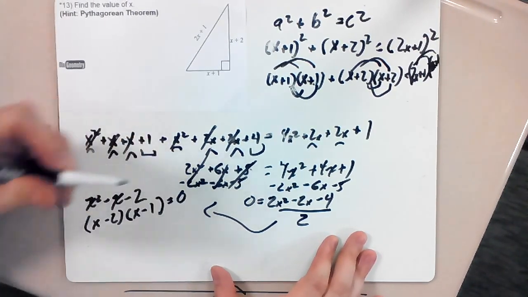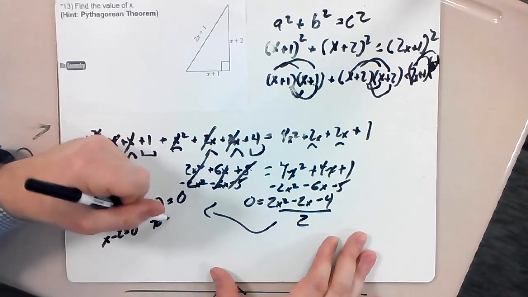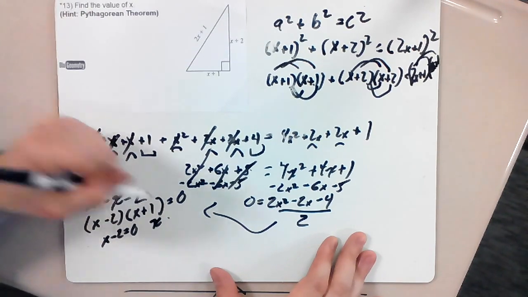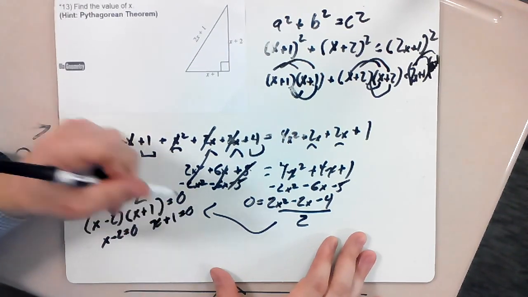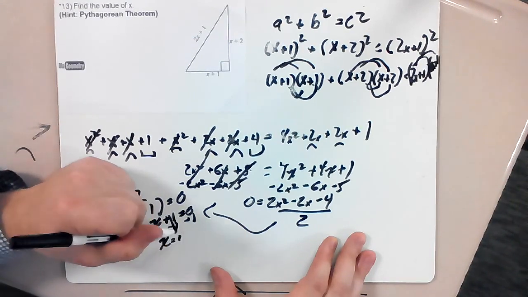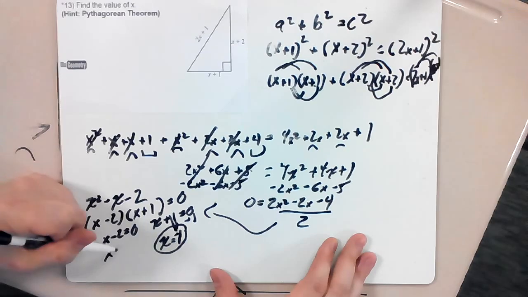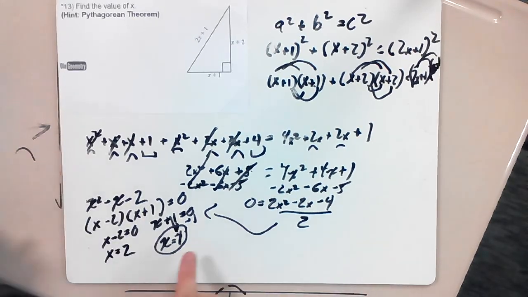Now, remember this is set equal to 0. Now, if x minus 2 equals 0... and x plus 1 equals 0, I subtract 1, x equals negative 1. There's that one. All right, and then this one comes out to 2. Here's the deal, and I hope you followed that along. I know it kind of got a little crazy here. I'll review it real quick.